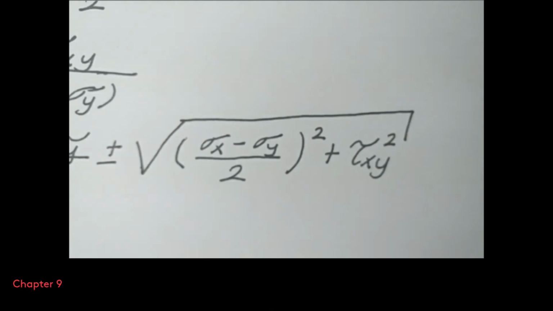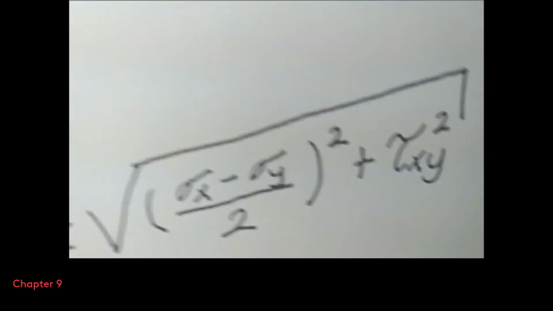Okay, of course it has a geometric interpretation, so let's look at the problem from a different point of view. What it means. And in fact, in order to do that, let's say that 2 theta is equal to theta p, so from here we find some angle theta p1 and theta p2.